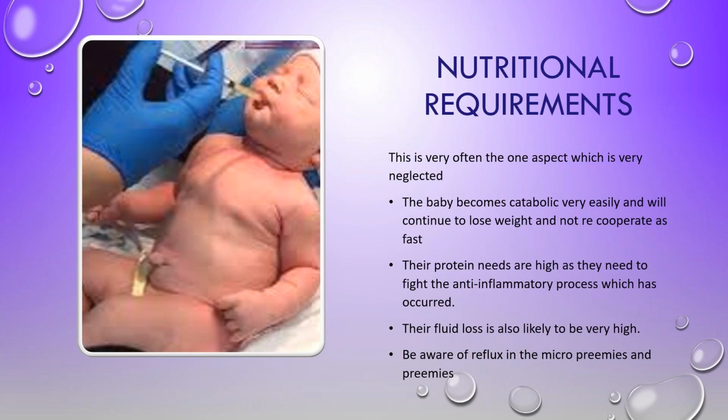This is partly why the latest research talks about TPN, total parenteral nutrition, started within 6 hours of the baby being born, to support the lung to allow it to regenerate and get better quicker.